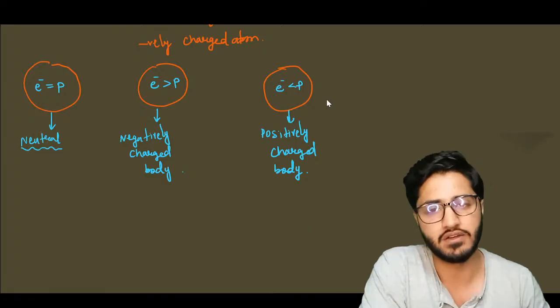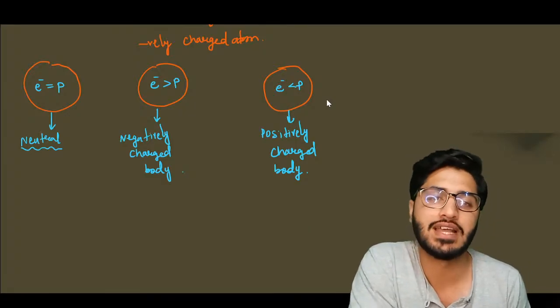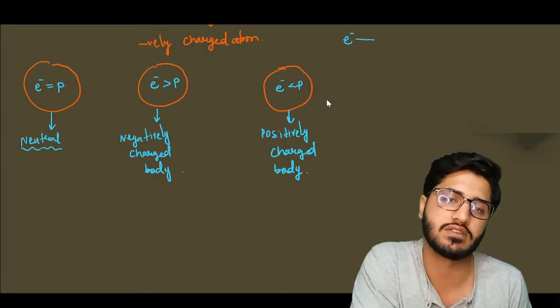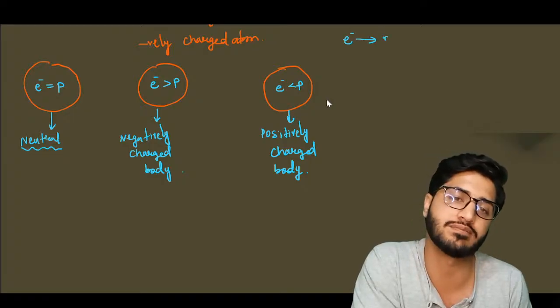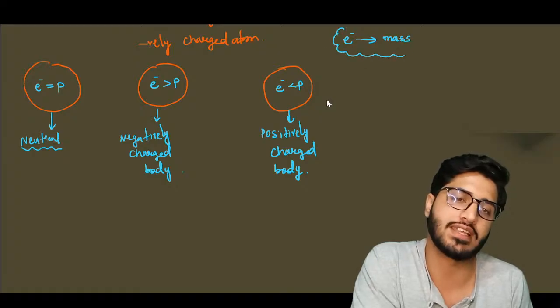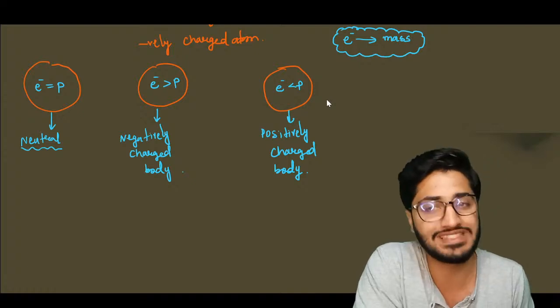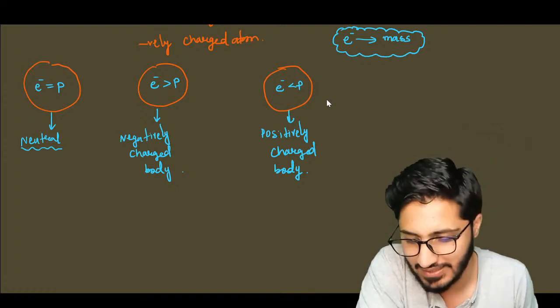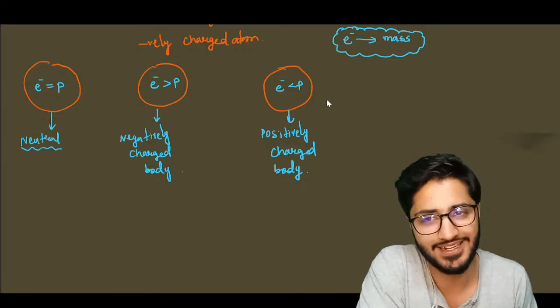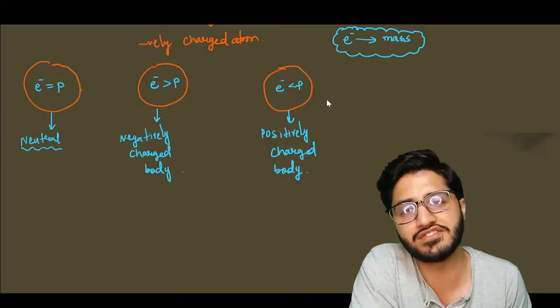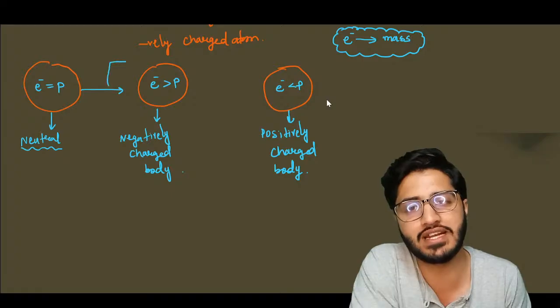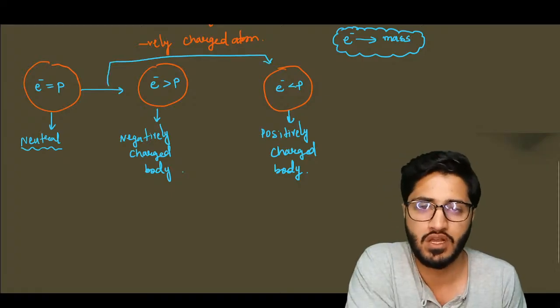But we know that electron carries mass. The mass is very, very small, but still it carries mass, no? Now we are comparing these three, with this one as the initial.